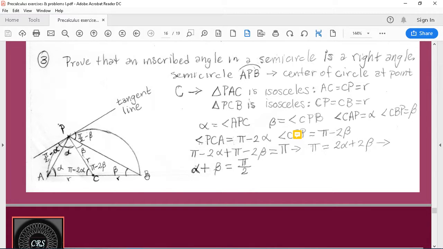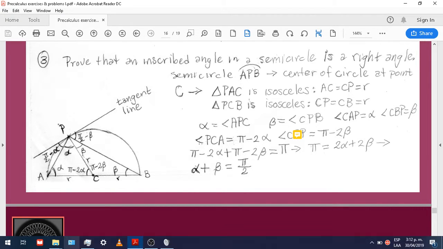Okay, we have then that angle BCP equals pi minus 2 beta, and we have that angle ACP equals pi minus 2 alpha.